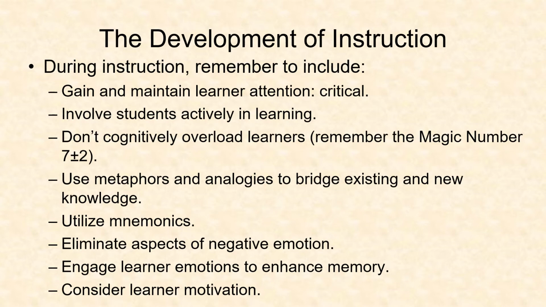Eliminate the negative aspects of emotion that could possibly be roadblocks to people learning and remembering, and at the same time look at the positive side of emotions. And remember that any emotion that is linked with learning will enhance both understanding and also very much memory. And as part of that, consider the motivation of learners to undergo this training that you're developing.